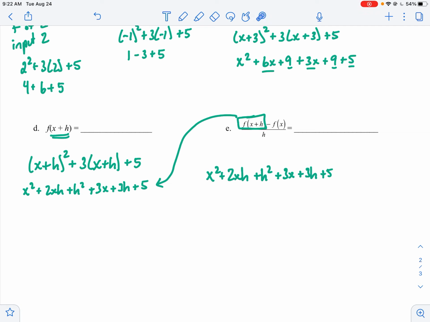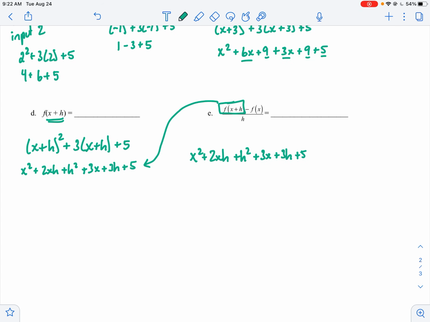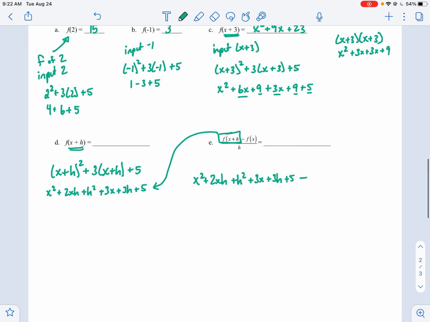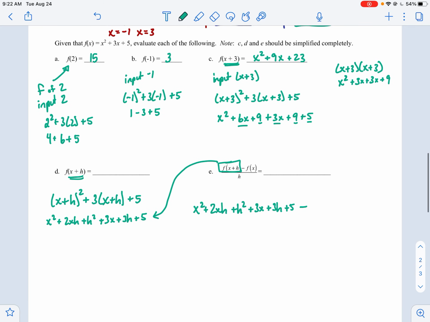That's all that means. Then it's telling us, well, now you want to subtract f of x. Well, what was f of x? It was this original function, x squared plus 3x plus 5. And then I'm going to divide that whole thing by h.